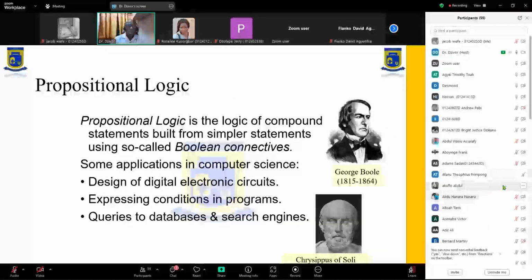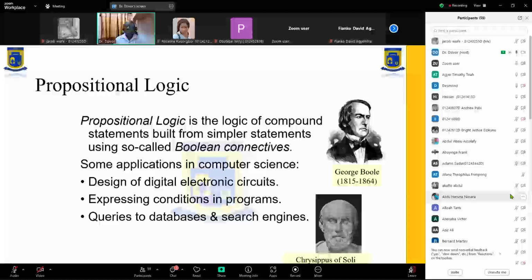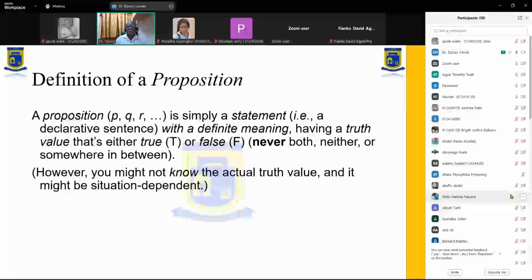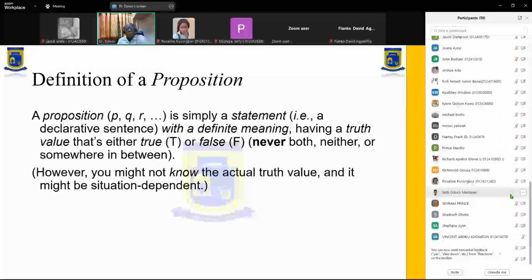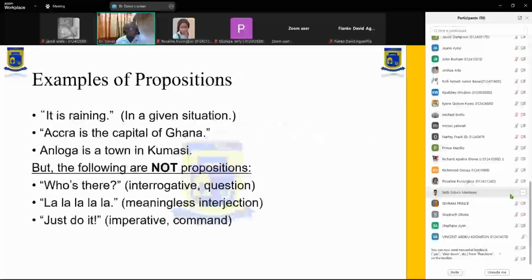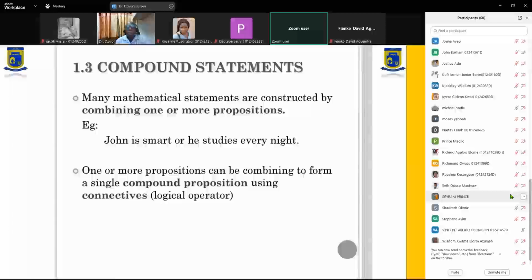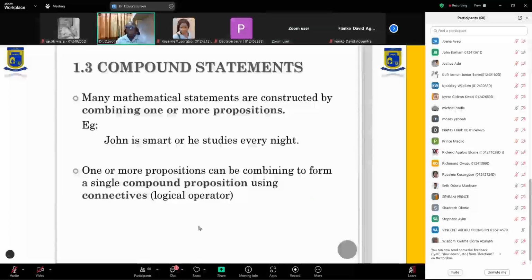So we use Boolean connectives to combine simple statements to form a compound statement. Now, let's look at some definitions. Let's look at some compound statements, okay?